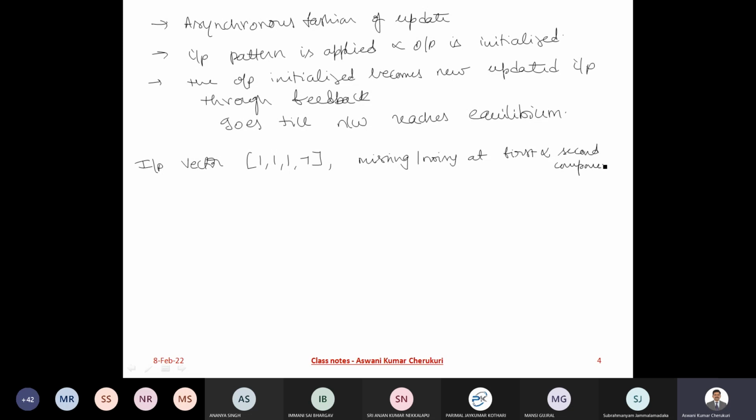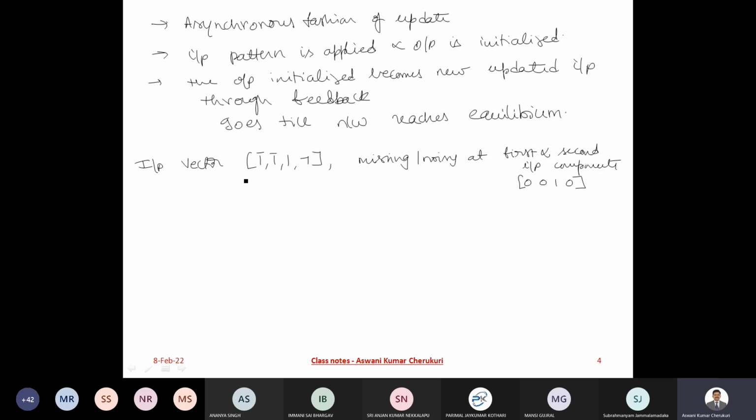That means this and this, right? So that is given as the input for testing. Then your input becomes 0, 0, 1 and 0. Okay, this is for the input.